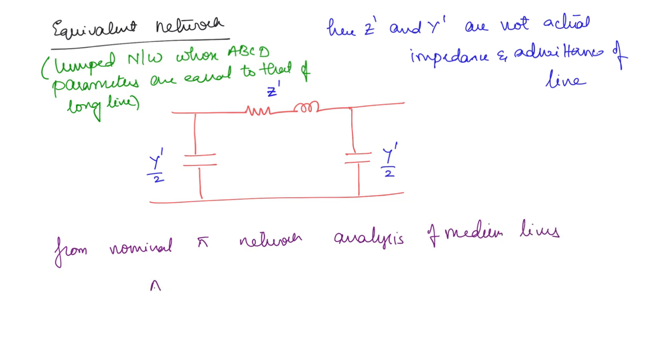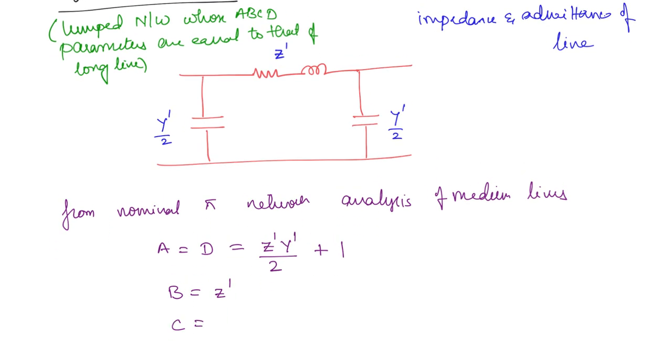We know A is equal to D is equal to Z dash Y dash divided by 2 plus 1, B is equal to Z dash, and C is equal to Y dash into (Z dash Y dash by 4 plus 1).